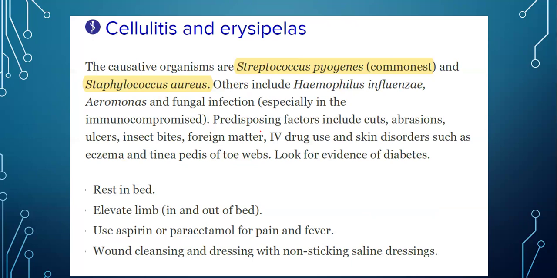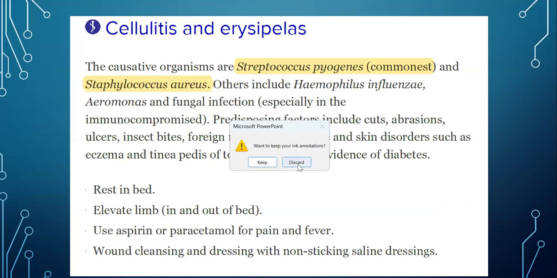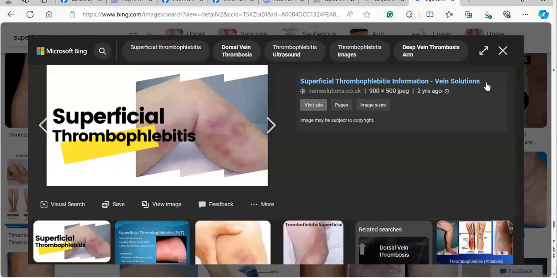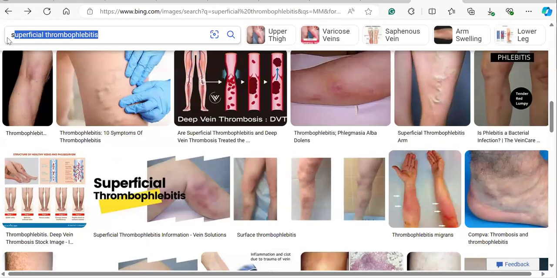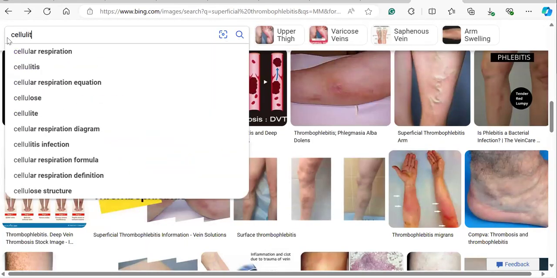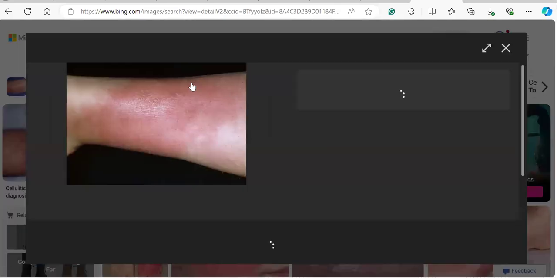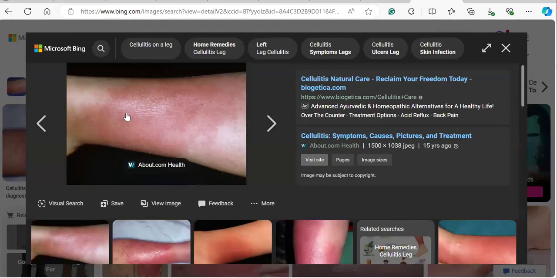So antibiotics are for cellulitis. Cellulitis comes with a red, swollen, hot, and tender leg or tender area. So cellulitis will look something like this. What is cellulitis? It's a subcutaneous tissue infection. So you can see that this is how cellulitis will present.